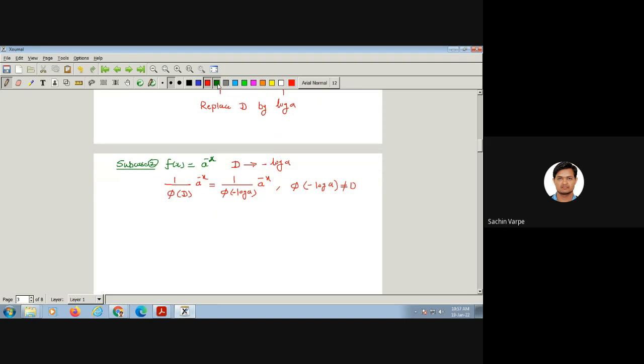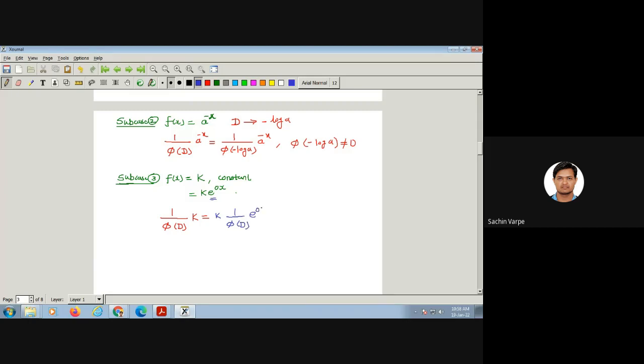Then the next sub case is sub case 3. It says if the right hand side function f of x is a constant function, k can be written as k e to the power 0x. Yes or no? Yes, sir.